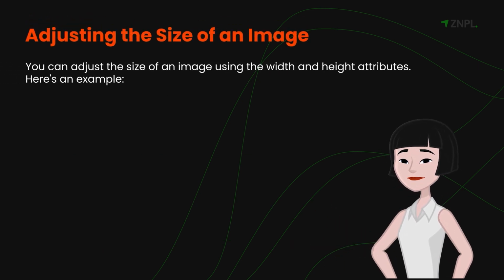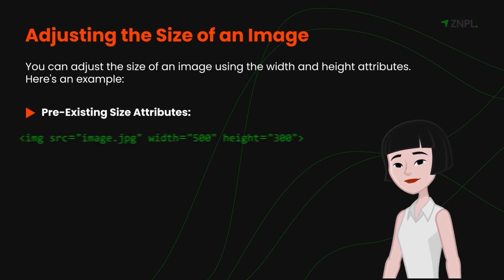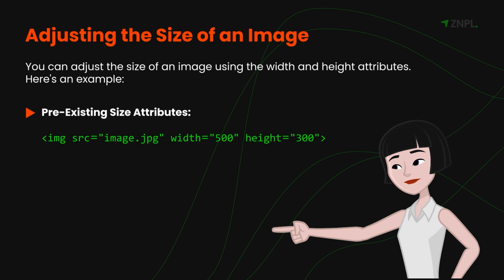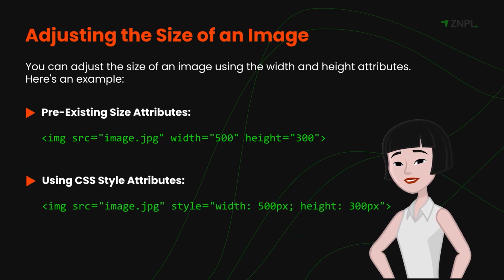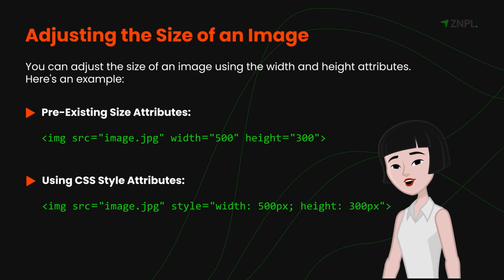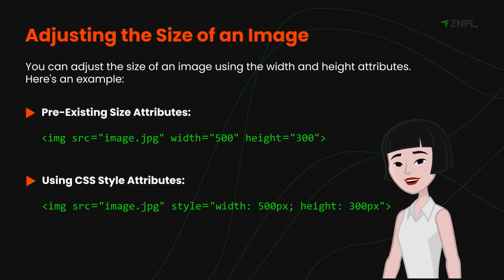Adjusting the size of an image. You can adjust the size of an image using the width and height attributes. Here's an example. In this example, the img tag is used to display an image file called image.jpg. The width attribute is set to 500 pixels and the height attribute is set to 300 pixels.